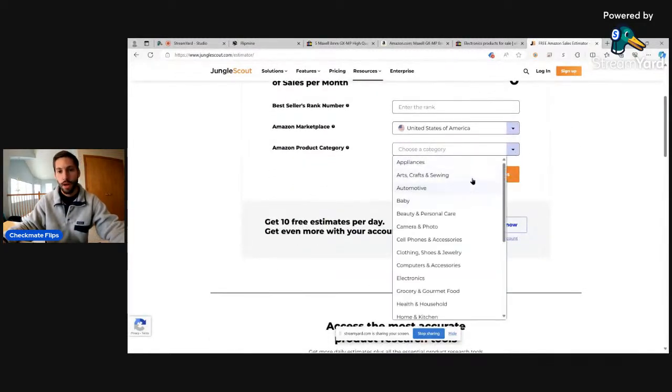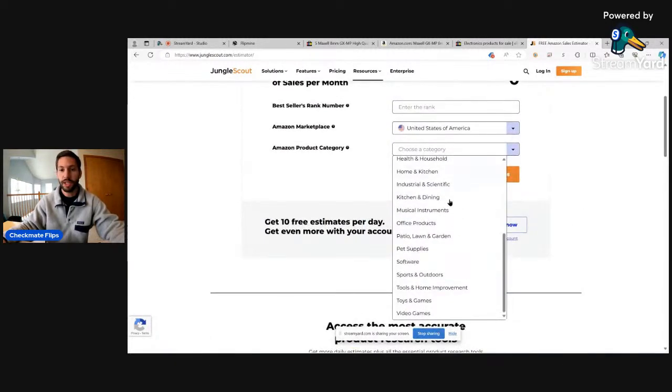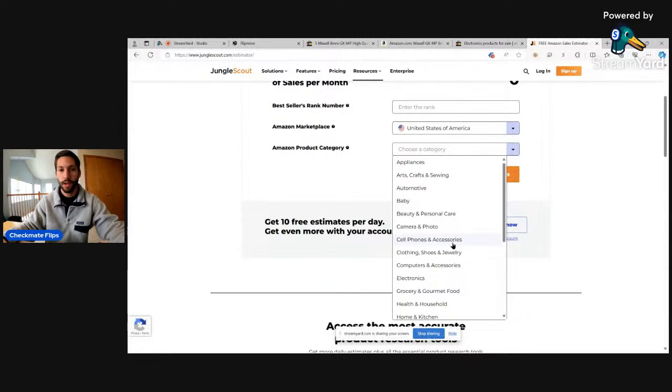There's all of these main categories. But the thing is, within each of these categories, there are subcategories. And we just know that there are sales ranks for each of these categories. So you can generally know, okay, if it's under 100K in clothing, shoes, and jewelry, it's relatively quick.